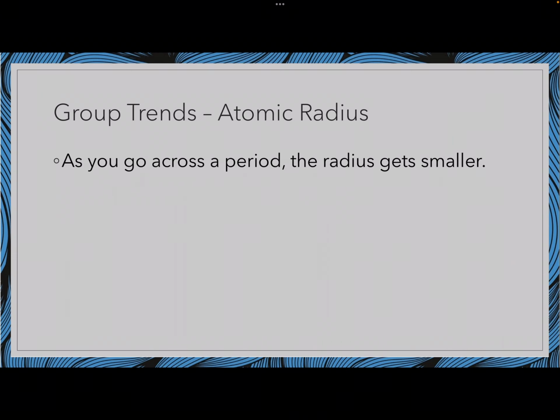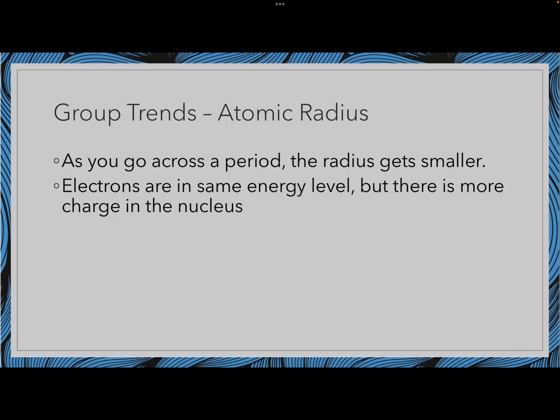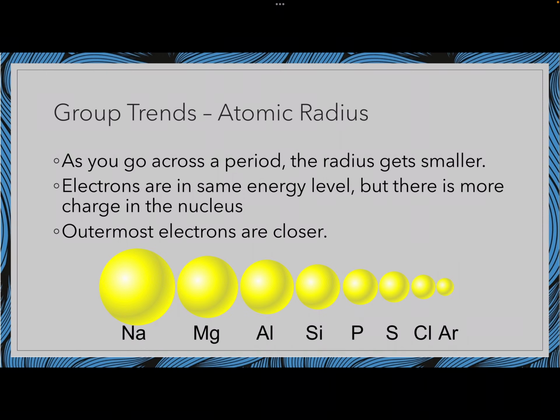Now, as you go across a period, so these are the rows that we're talking about, the radius gets smaller. So electrons are in the same energy level, but there's more charge in the nucleus. So we actually have them pulling in. So the outermost electrons end up being closer. So if we have a look at, I think it's the third period: sodium, magnesium, aluminium, silicon, phosphorus, sulfur, chlorine, and argon.